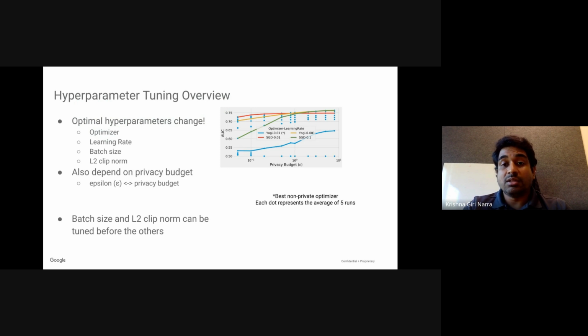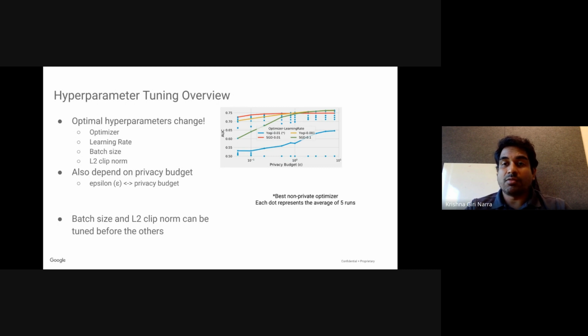Another thing to notice is that the best hyperparameters also change based on the epsilon or privacy budget. So the best optimizer, learning rate, and other parameter combination on the right side, which is at a higher epsilon of 10, is very different from the best combination on the leftmost side, where epsilon is 0.1 and lower.